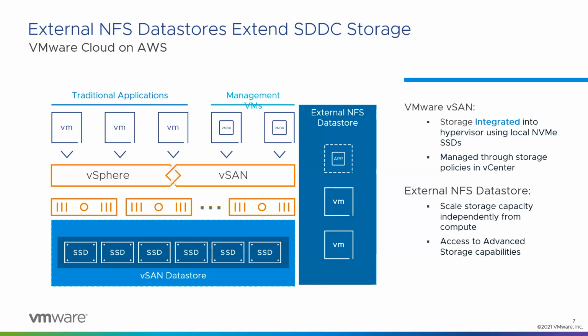And NSX Edges, as you know, are just a pair of VMs. Those VMs have their own configuration limits, right? And if you have a number of other VMs consuming FSx for NetApp ONTAP through in-guest mount, all this traffic will flow through the edges. Edges are fine to support normal north-south network traffic. They've never been designed to support storage traffic.